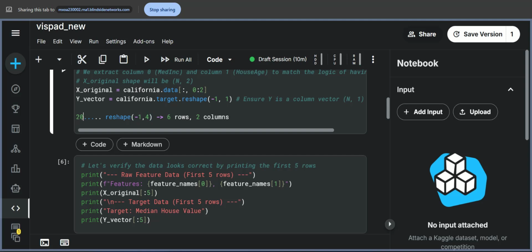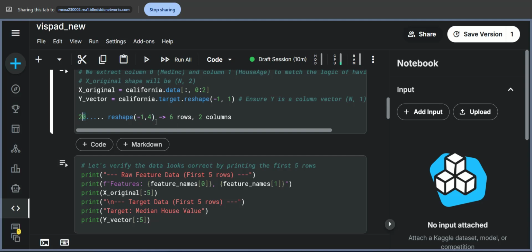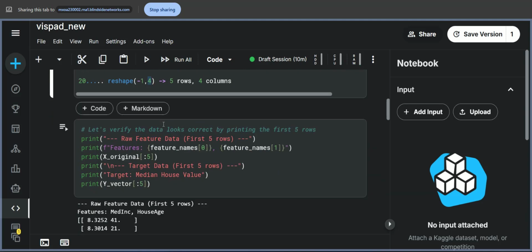We have 20 elements and we are creating 4 columns, so we have to share them along all the 4 columns to get the whole 20 elements. So then we get 5. That's how we use the negative one and the 4. So you can go and learn more about it.